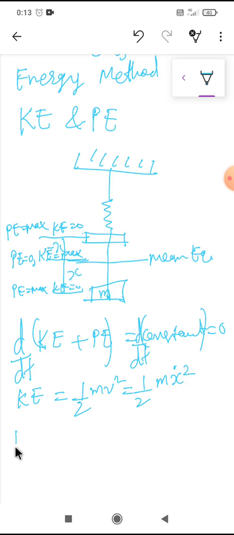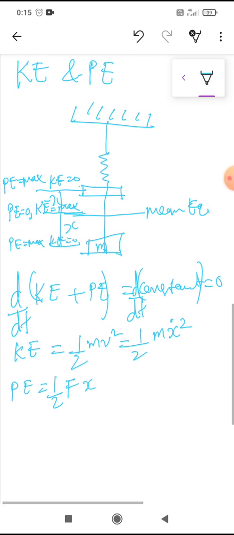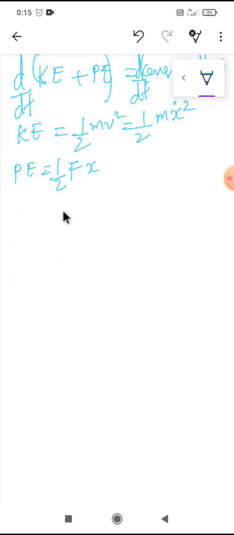Similarly, what will be the potential energy? Potential energy here is force into displacement, that is Fx. It will be 1 by 2 force into displacement. So where do I get this formula from?